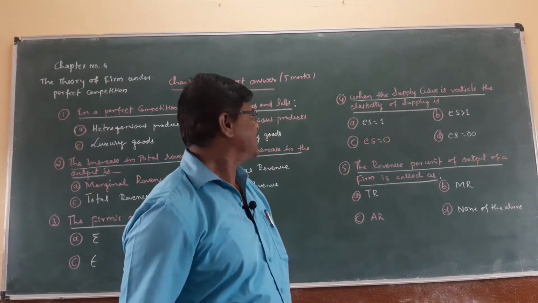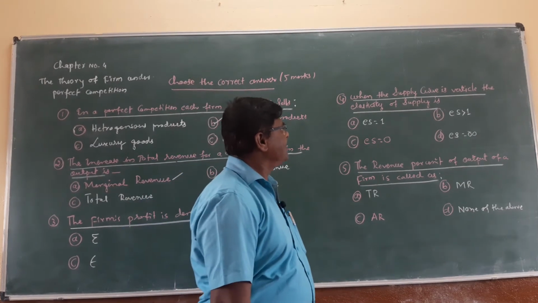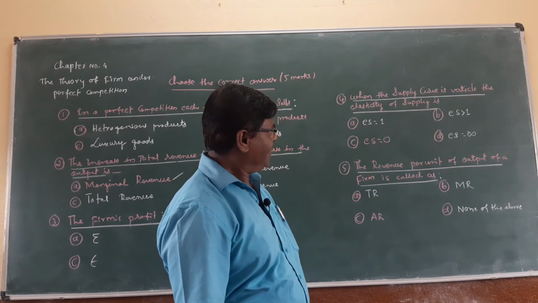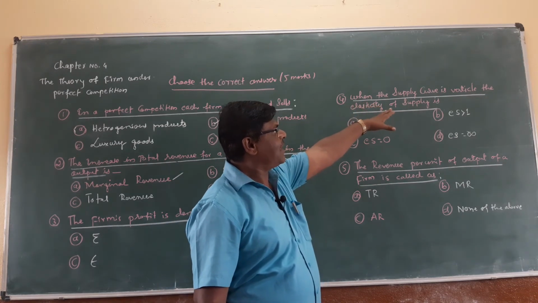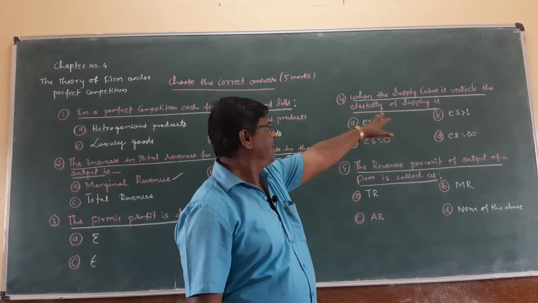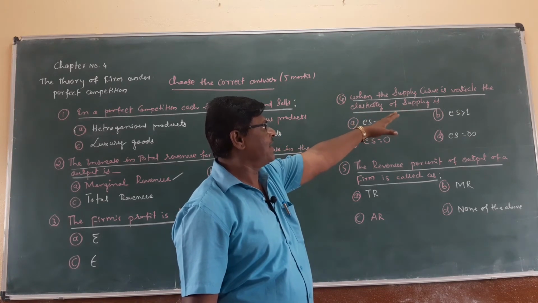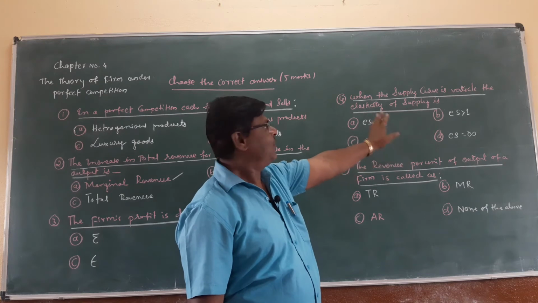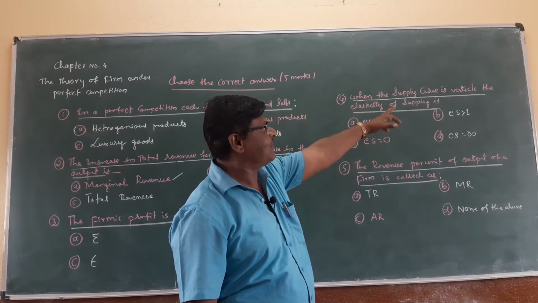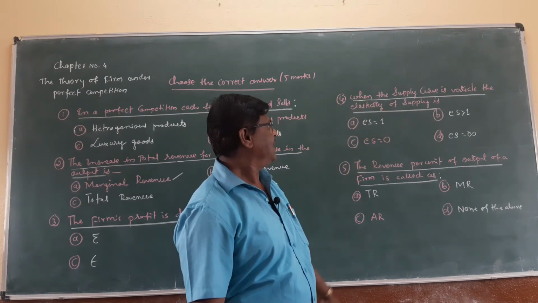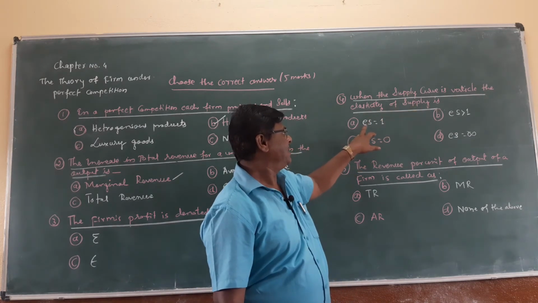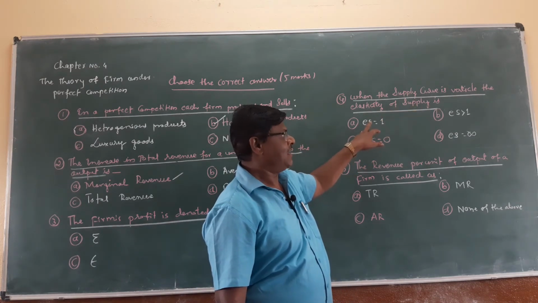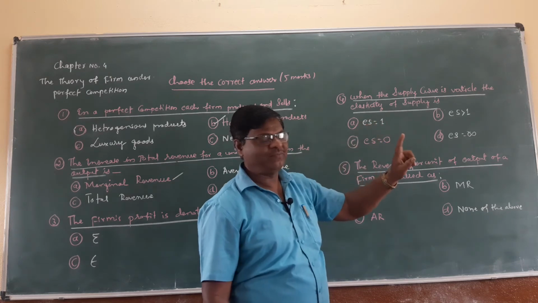And the fourth question is, when the supply curve is vertical, the elasticity of supply is. Option A, elasticity of supply is equal to 1.